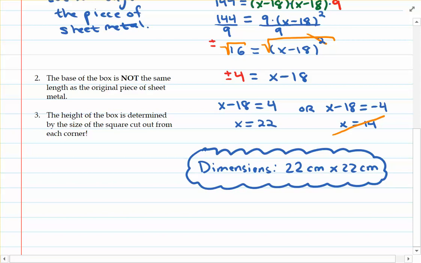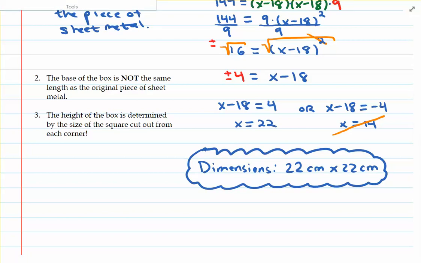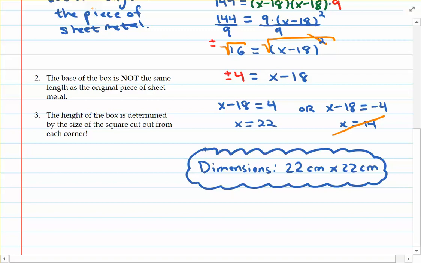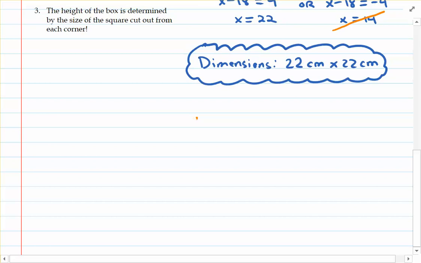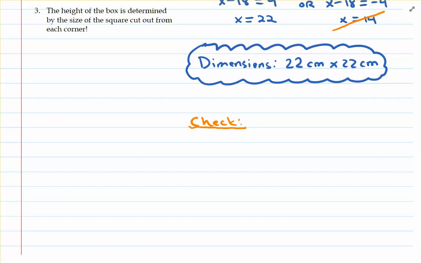Alright, what I'd like to do next is actually go ahead and show you a check of this solution, or a check of the answer that x is 22 centimeters. I'm going to scroll down a little bit here. We'll do a little check. Ultimately what should happen is that when x is 22 centimeters, the volume of the box should work out to be 144 cubic centimeters.